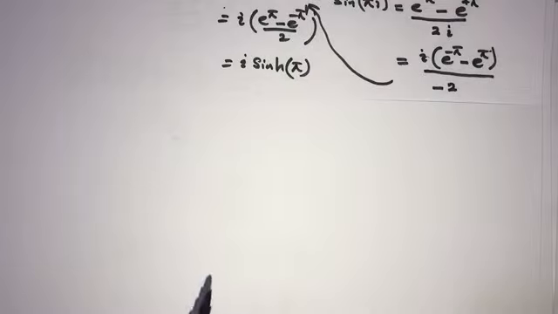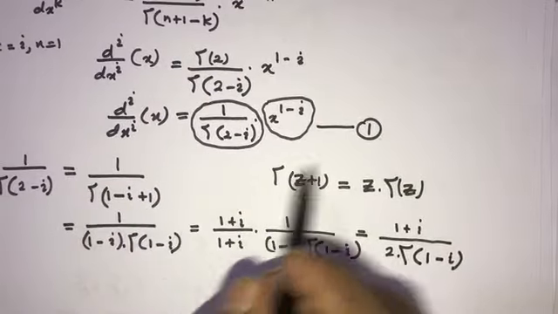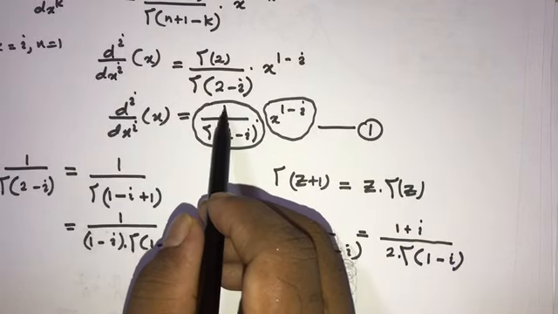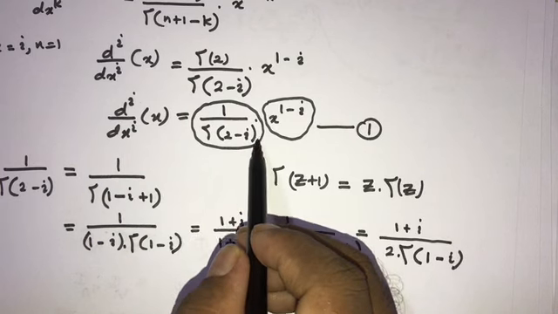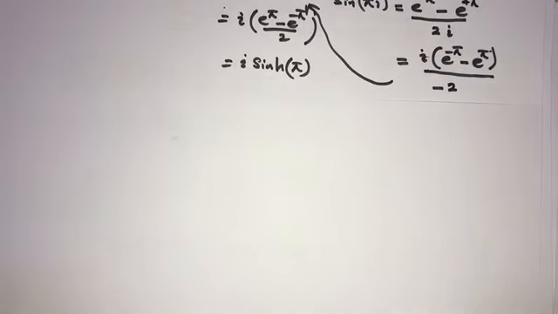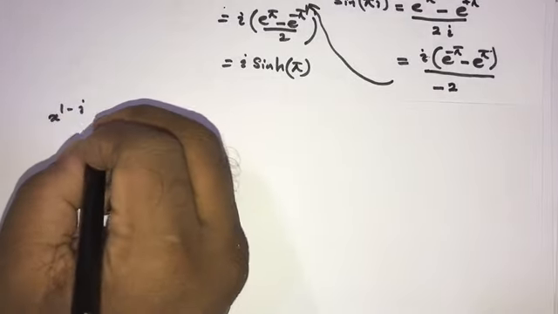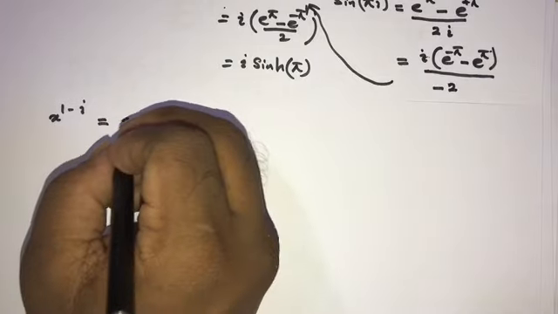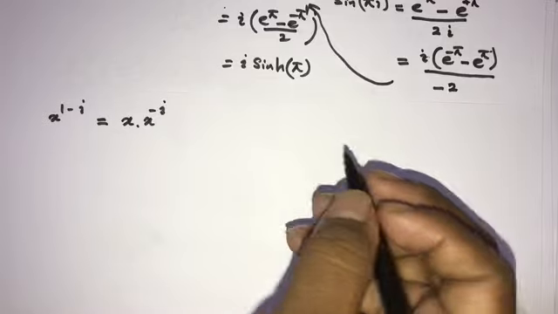Now here in equation number 1, we simplify 1 over gamma of 2 minus i, and we have x to the 1 minus i. Now we can write x to the 1 minus i as x times x to the minus i.